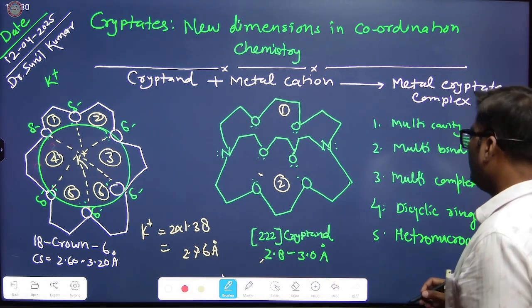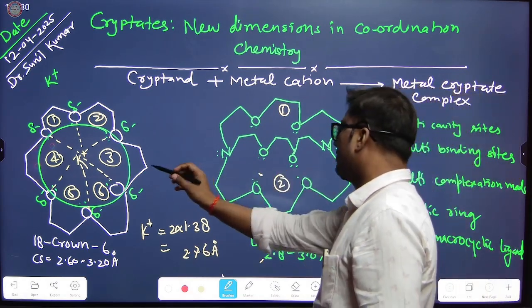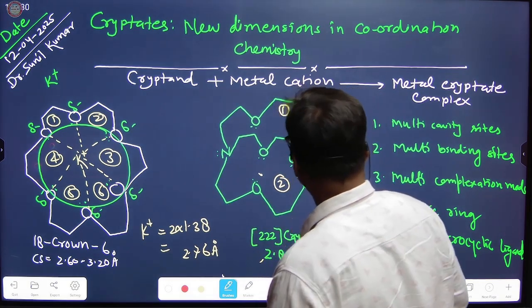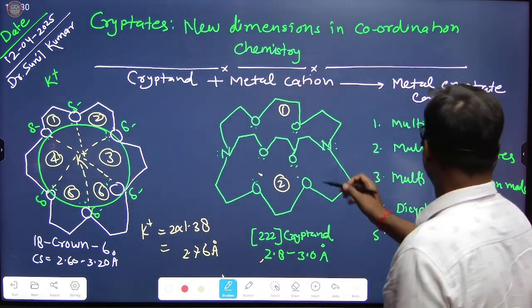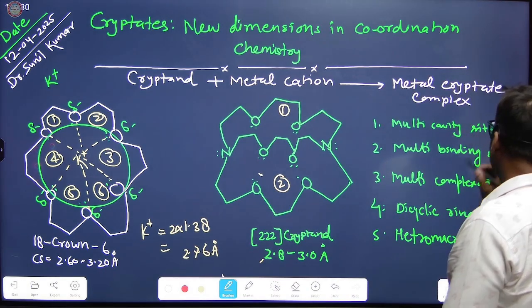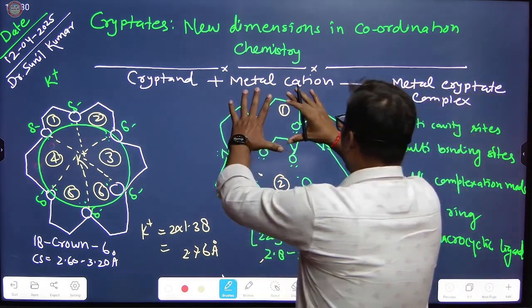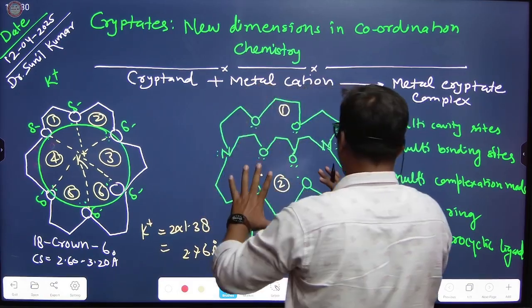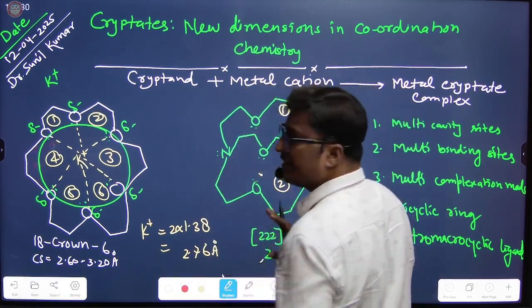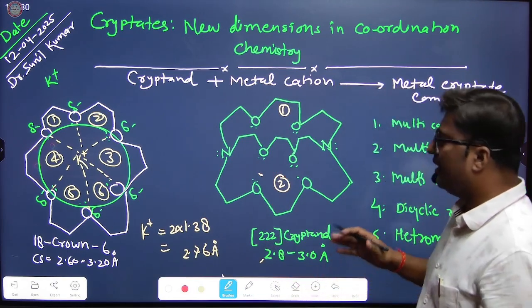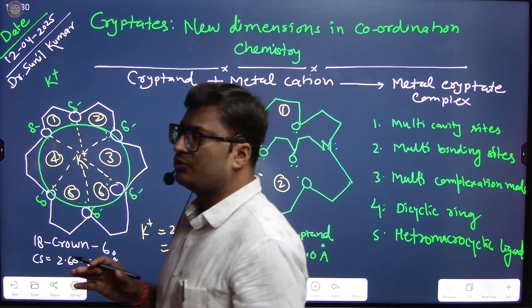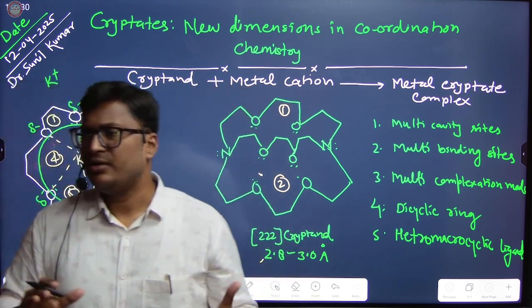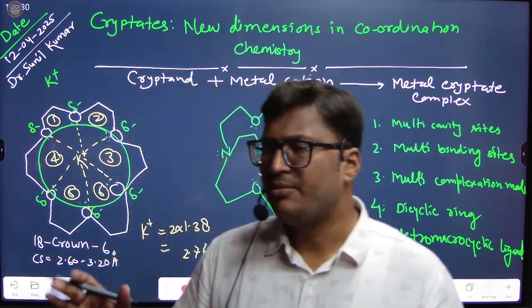So what is the difference between this ring structure and the crown ether? It has multi-cavity sites. The upper one is one cavity and the lower one is the second cavity, right? So it can capture more than one metal cation simultaneously.